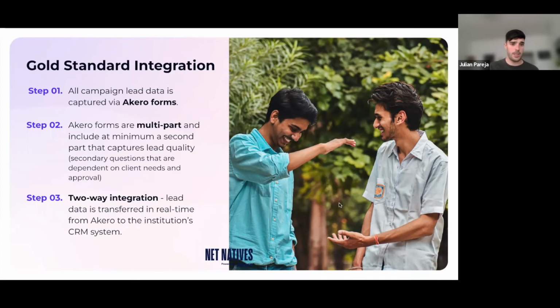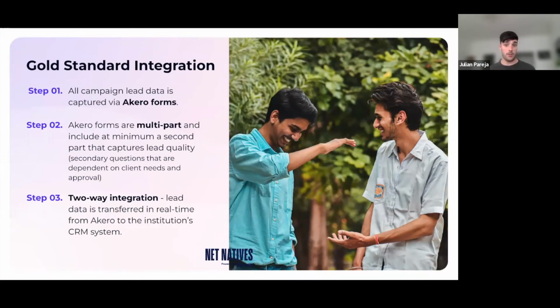Step two, which is Akero forms are multi-part and include at minimum a second part that captures lead quality. So this is really, really important in terms of qualifying your leads. By having more than one part to a form, it allows you to ask those more qualifying questions in the second part. So, for example, for events, to be able to know how many people are coming to those events, whether they need any accessibility, things like that.